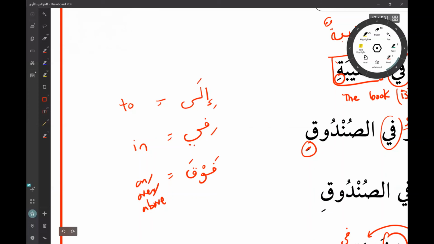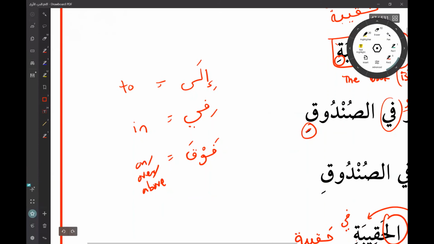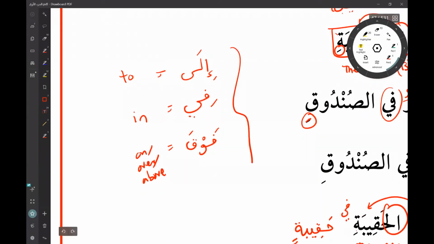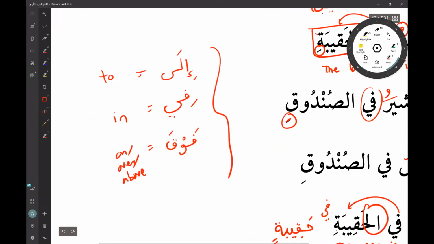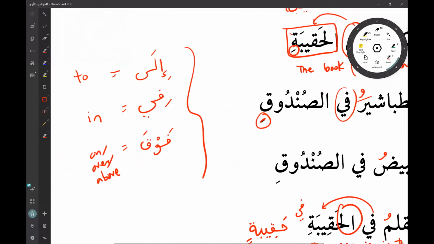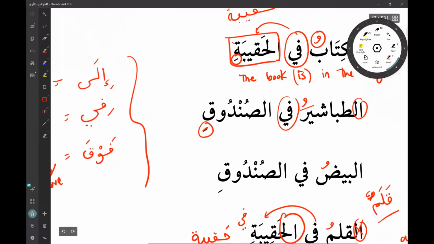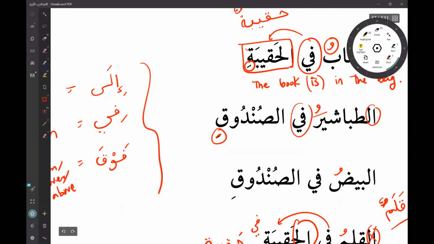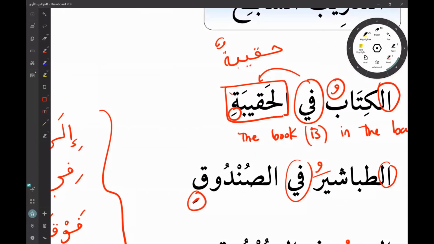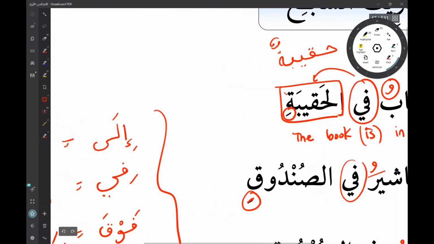But in Arabic, anyway, it's fine. As long as you understand fawqa is also a preposition, that's fine. So we had all three prepositions. And the same rule applies for all three of them. Okay? Right? It's not going to make sense if we say ila instead of fi, because you cannot have the book to the back. But we might be able to say fawqa, right?